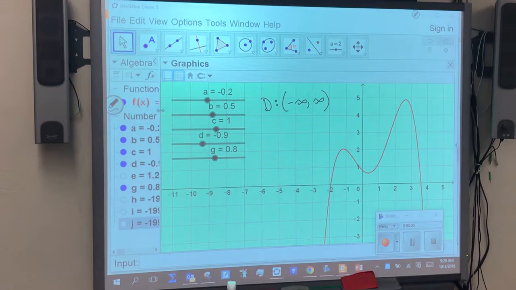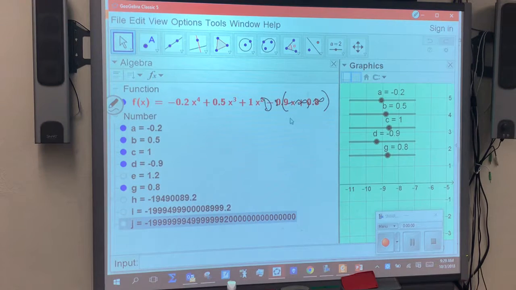This is a polynomial. You guys remember that a sub n x to the n plus a sub n minus 1 x to the n minus 1 plus a sub n minus 2 times x to the n minus 2 plus dot dot dot plus a sub 1 x to the first plus a sub 0.